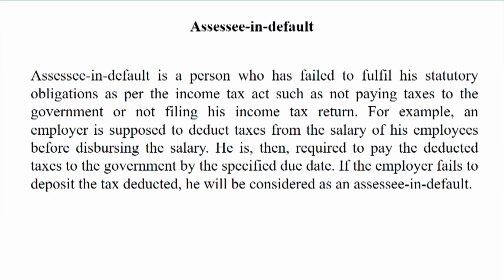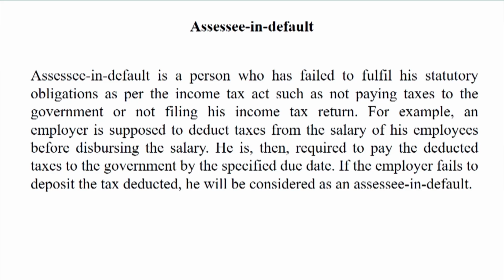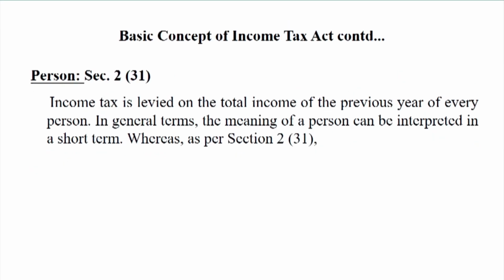यानी एक एम्प्लॉयर अपने एम्प्लॉय से जो टैक्स डिडक्ट कर रहा है, such types of TDS should be submitted by the employer within time. If he does not submit its ITR in time or pay the tax in time, it is an example of assessee in default.